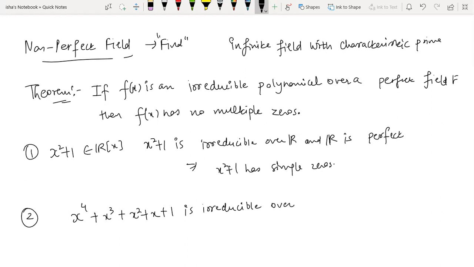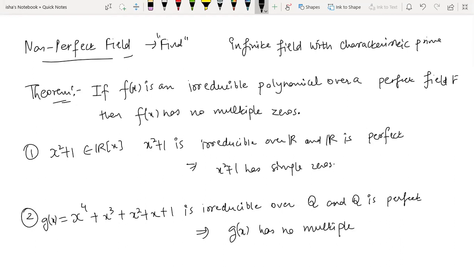This is irreducible over Q. And Q is perfect. Why is Q perfect? Because Q is a field with characteristic 0. So this implies this polynomial, let me call this g(x), has no multiple zero. So whatever zeros it has will be simple zeros.